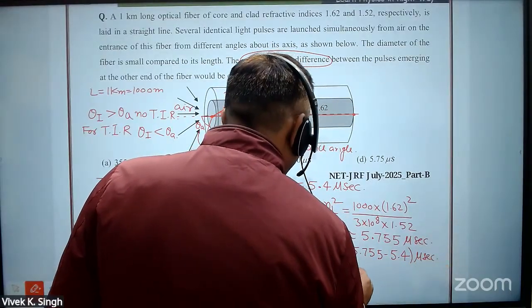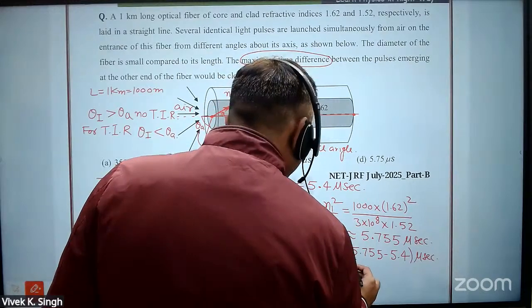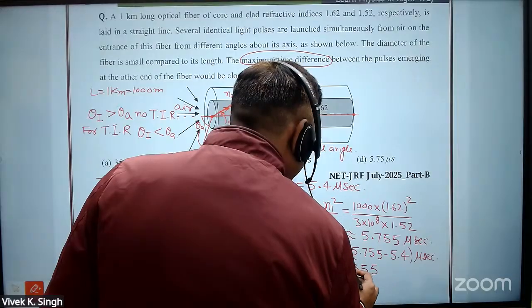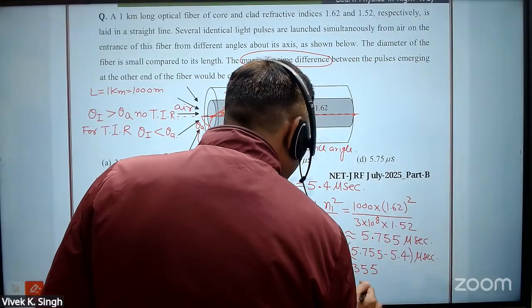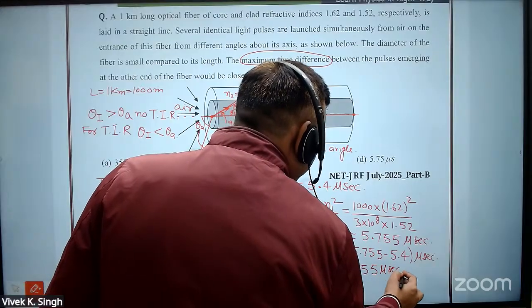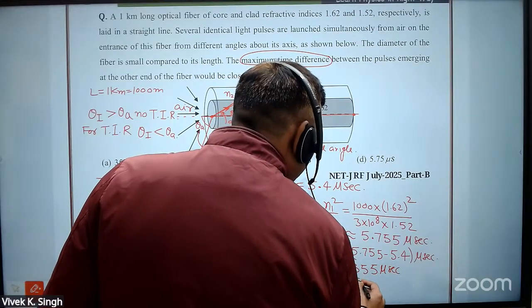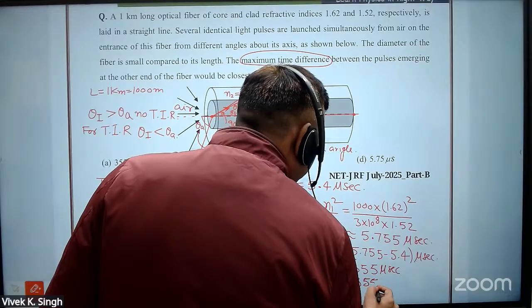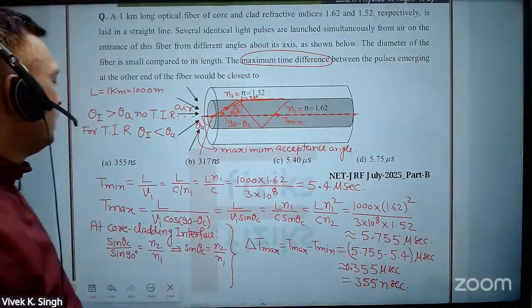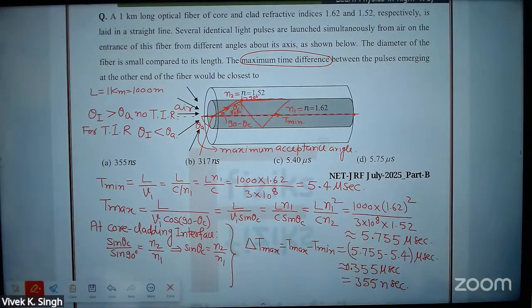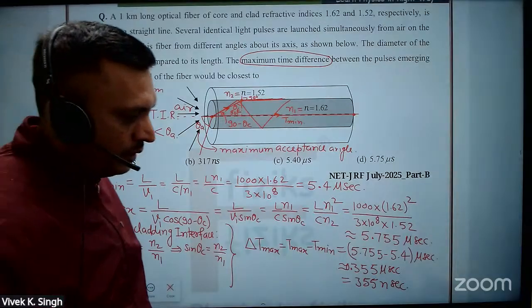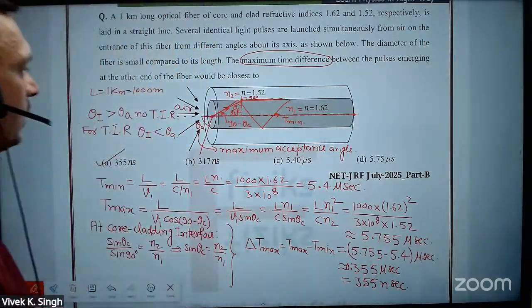And I think this will be 0.355 microsecond, or that will be 355 nanosecond. So in this case, option A is correct. Clear? So just solve it.